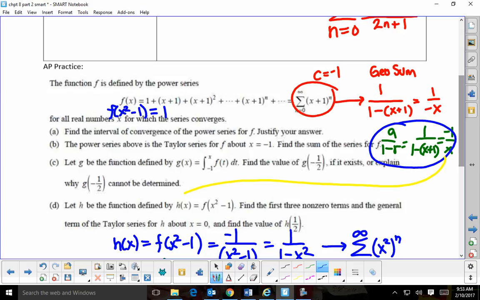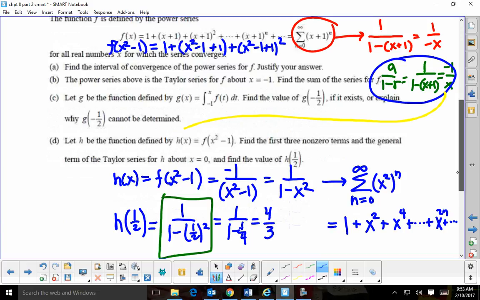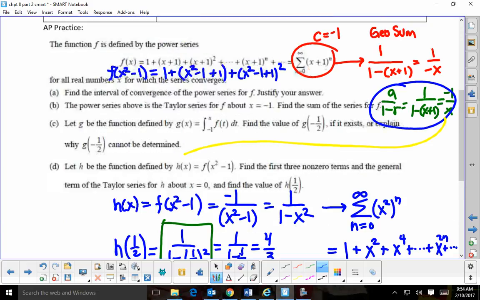So that would have been 1 plus x squared minus 1 plus 1 squared, which would have been x to the 4th. I mean, we could have done this with the whole general equation as well. There's always going to be a few different ways that you can get to the answer on this. So that would have been an AP free response question on a previous test.